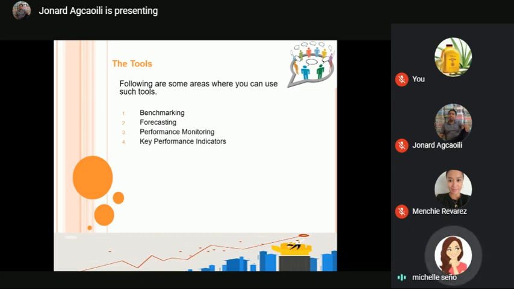Performance monitoring. Matrix is one of the best practices in performance monitoring. In addition, you can define certain key performance indicators for measuring and assessing the performance of department, functions, and people. Key performance indicators. Example ko po dito yung IPCR ng MSC.